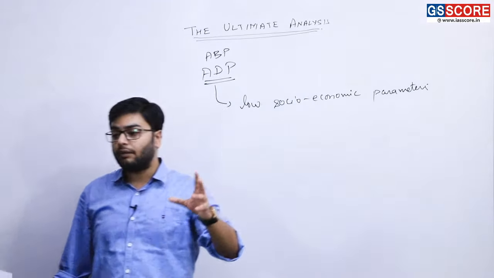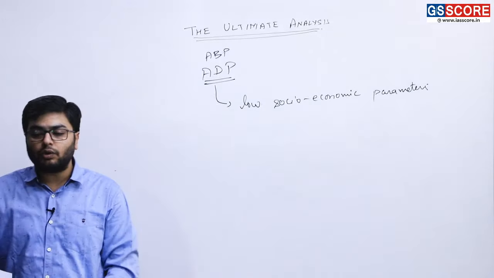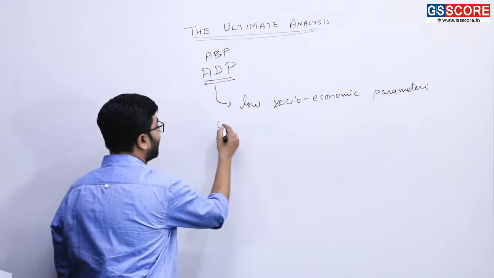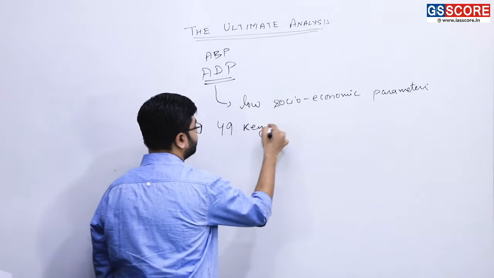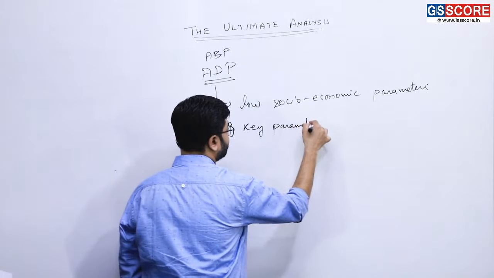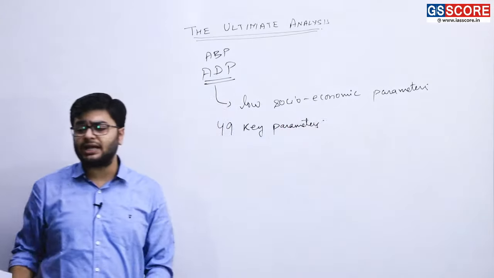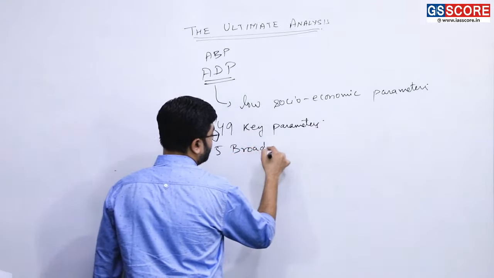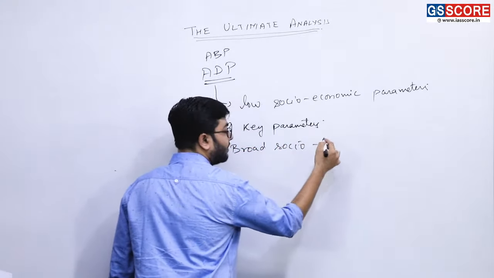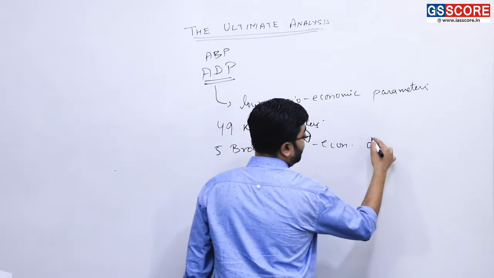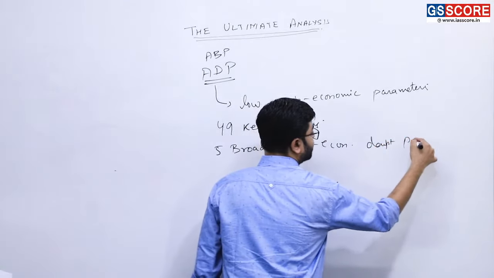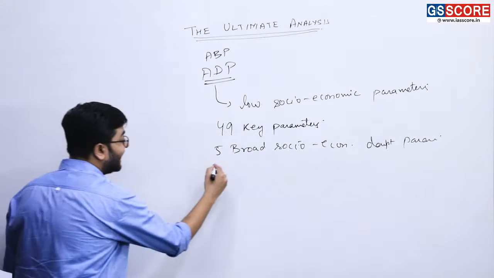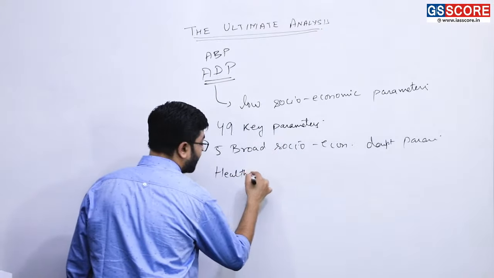Understood? So the idea was to develop incrementally on 49 key parameters, spanning across 5 broad socio-economic development parameters, namely health and nutrition. Remember, both are related.